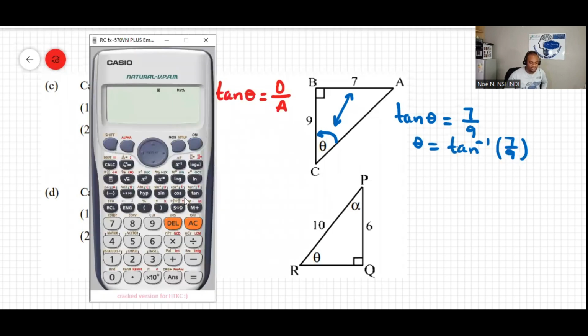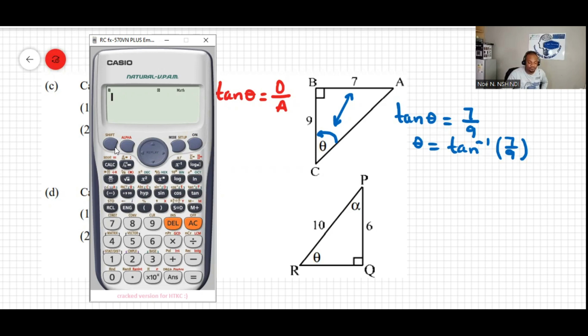Now in the calculator, to get tan minus 1, press the shift button. Careful here, the minus 1, as we did in the previous videos, is not 10 to the power of negative 1. It simply means the inverse, which helps us find what angle is here.